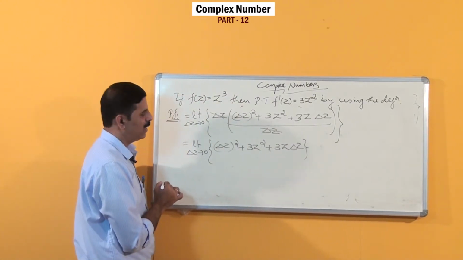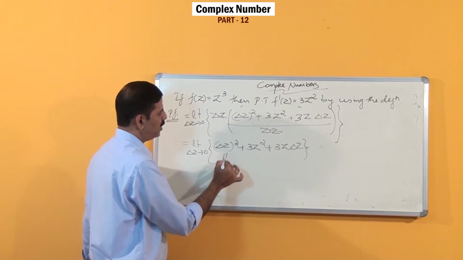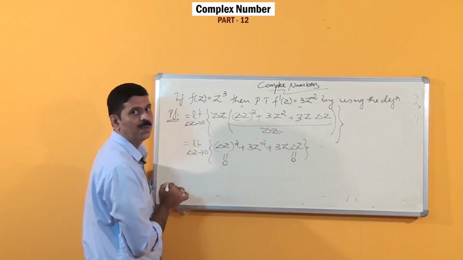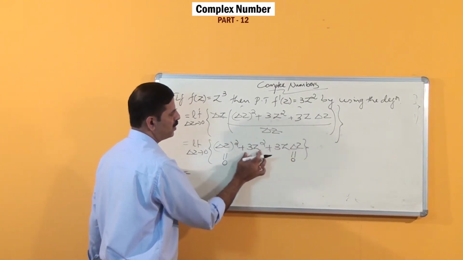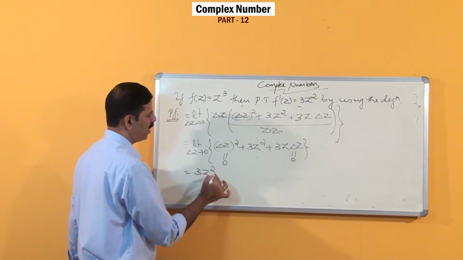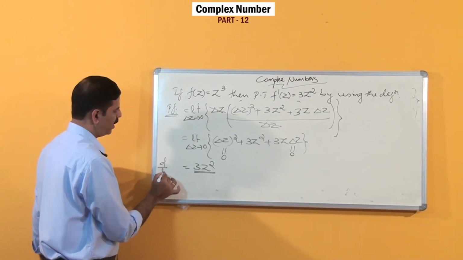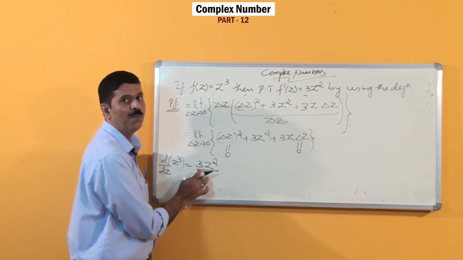Now you apply the limit as delta z tends to 0. Therefore this term tends to 0 and this term is equal to 0. What remains is the term 3z square. So you have got the derivative, d by dz of z cube, is equal to 3z square.